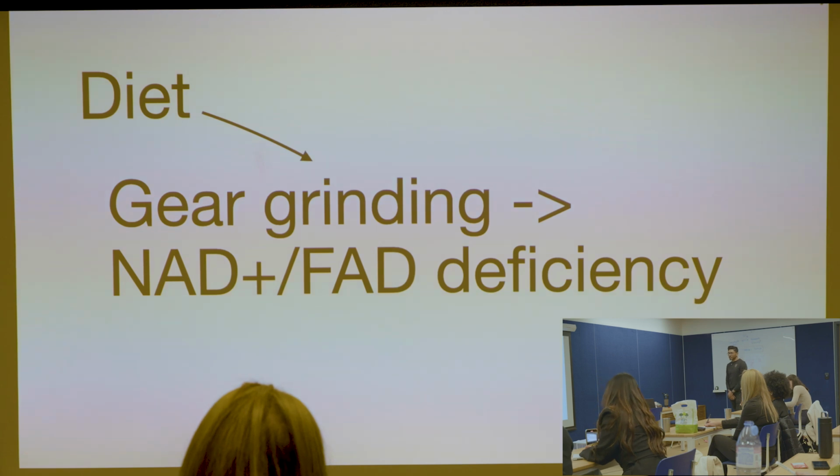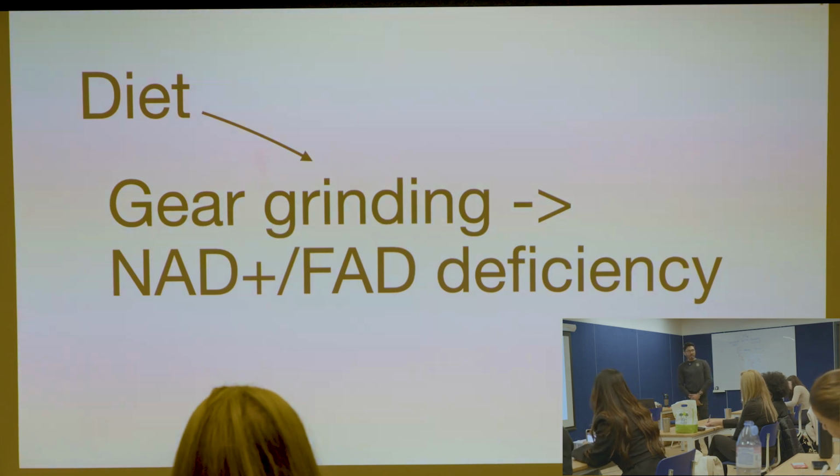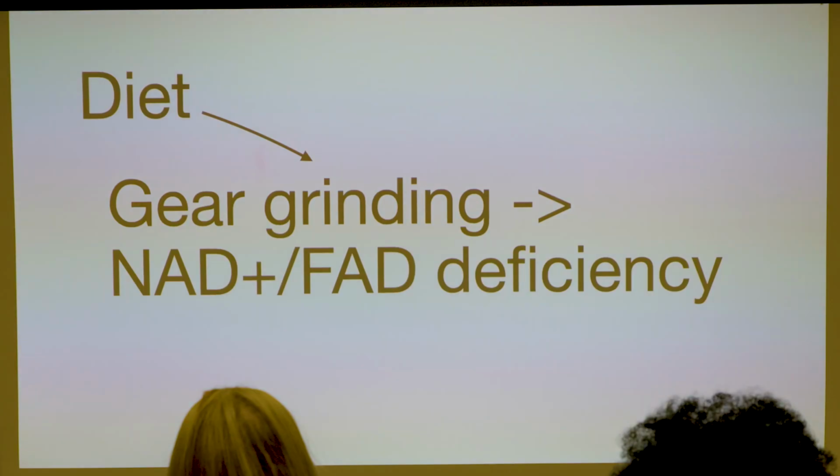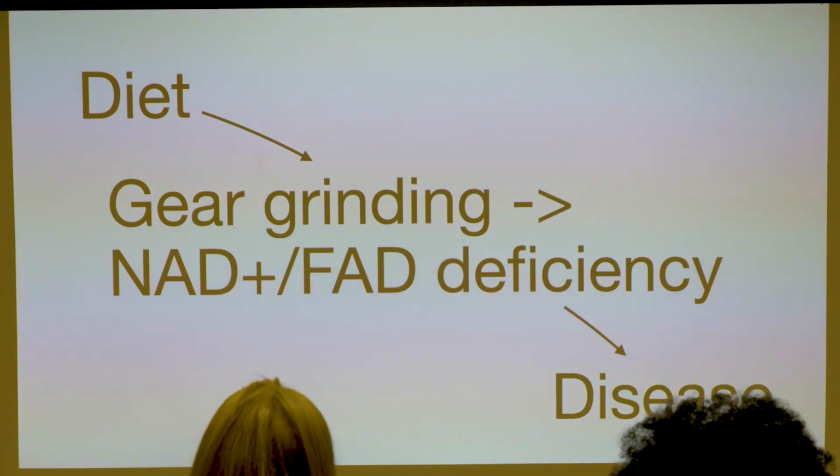The NAD+, the FAD, and our hydrogen boats cannot take the hydrogen to the electron transport chain to produce ATP, and therefore we have less function overall in all cells, in our entire body. And then, because of that, we get disease.